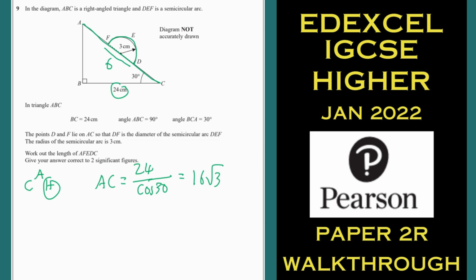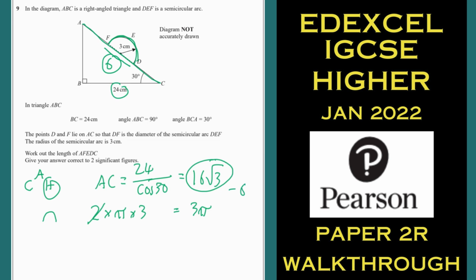Then let's look at the semicircle. The formula for a circle is 2 times pi times the radius. But we've only got half of it, so let's halve it. Again, 3 pi if your calc lets you. So we're there, aren't we? You need to do AC, which is 16 root 3. Subtract the 6, because that's been chopped off.